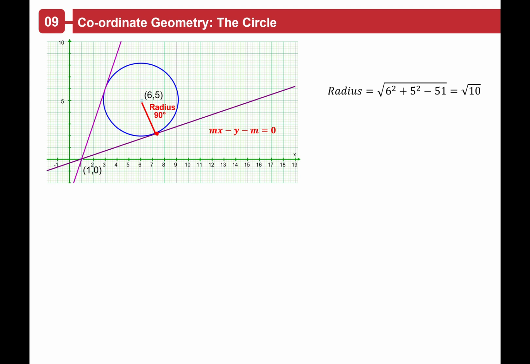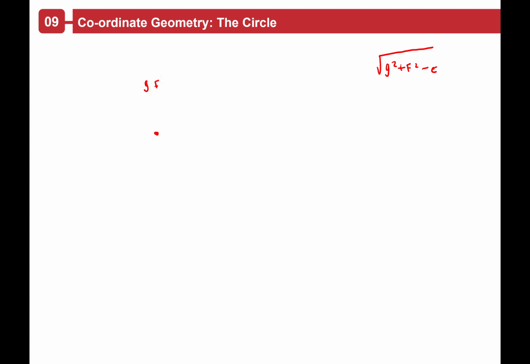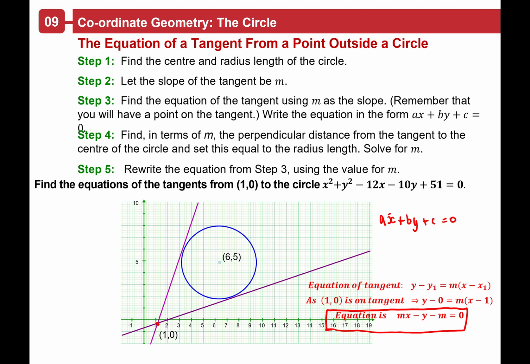So my radius is equal to the square root of g squared plus f squared minus c, where g is equal to 6, f is equal to 5, and c was equal to minus 51, given here.